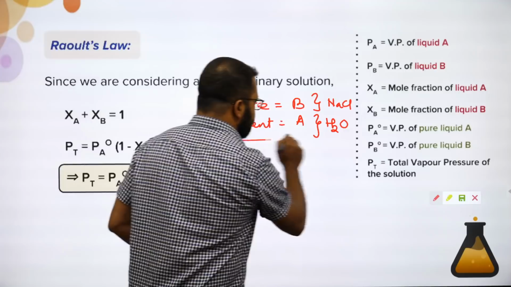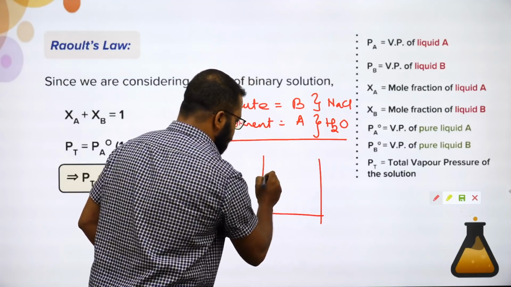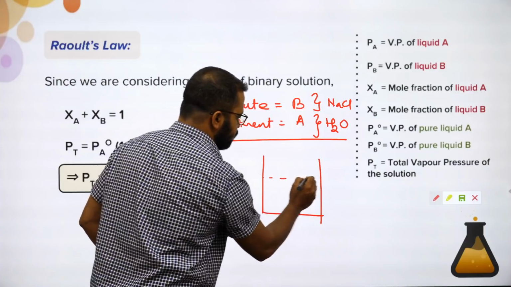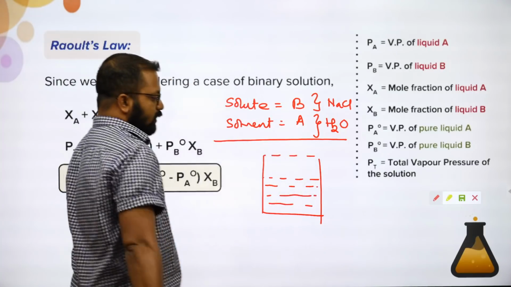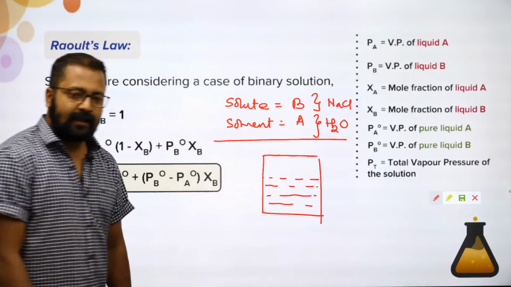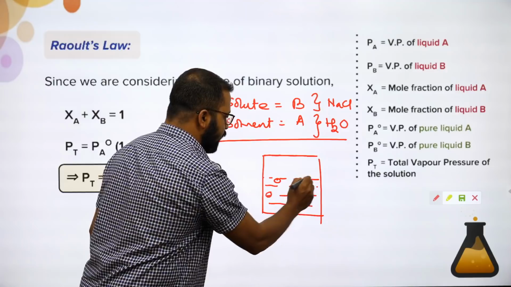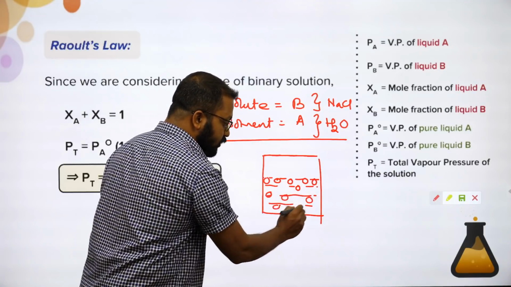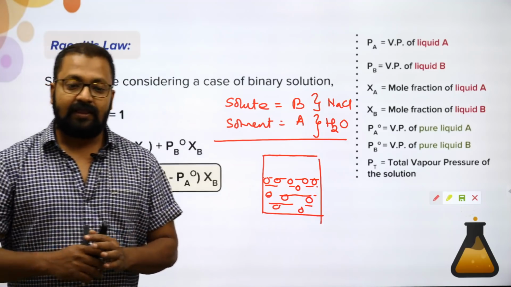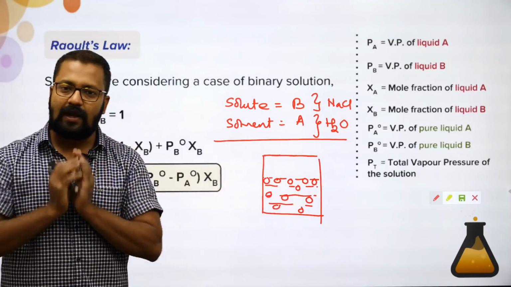When I mix both of them and keep them in a container, now you will have some molecules of sodium chloride also dispersed all the way onto the surface, and so the number of molecules of H2O present on the surface will decrease.